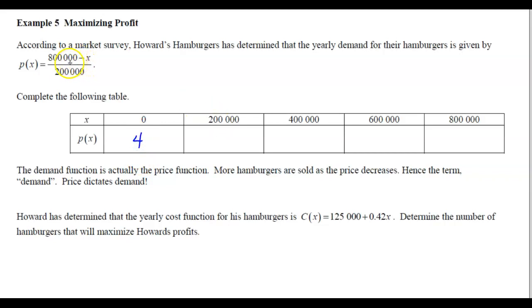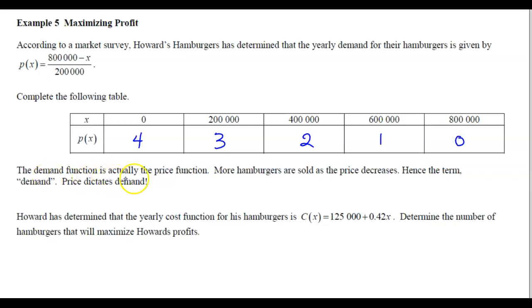2,000 units substituted in, that's going to be 200,000 units. So 800,000 minus 200,000 is 600,000. Divided by 200,000 is 3. 400,000, that would be 2. 600,000 gives you 200,000, so that's 1, and then 0.